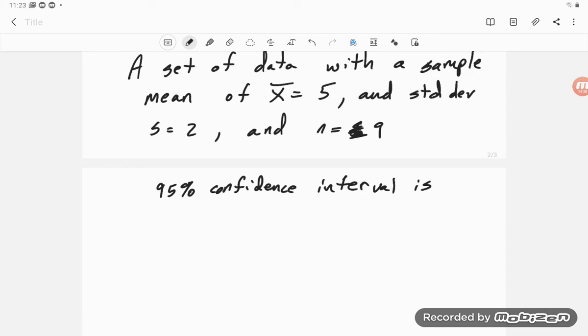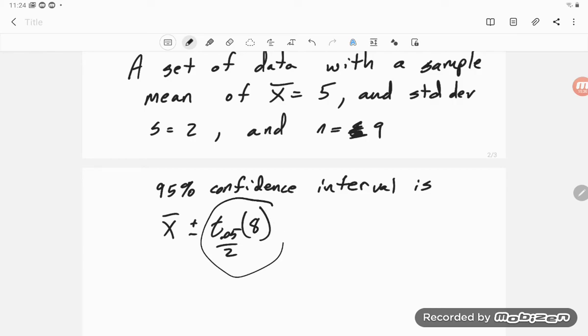And so with that, I would need to do my x bar, right? So 5 plus or minus. Now I have to go look up t. Well, so let me write that as x bar plus or minus t of 0.05 over 2 of 8.